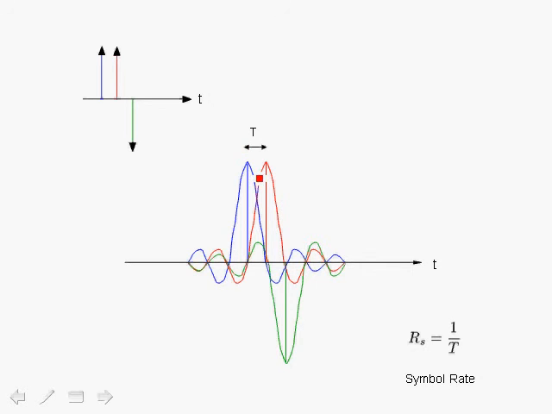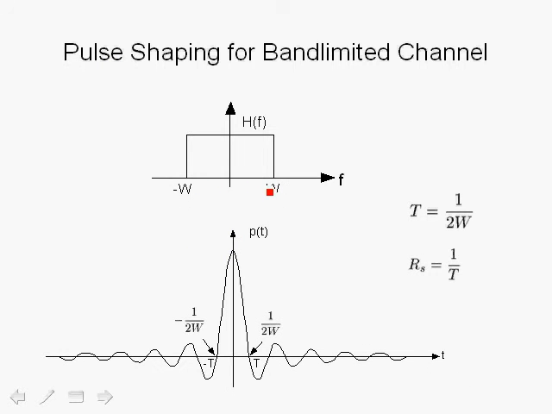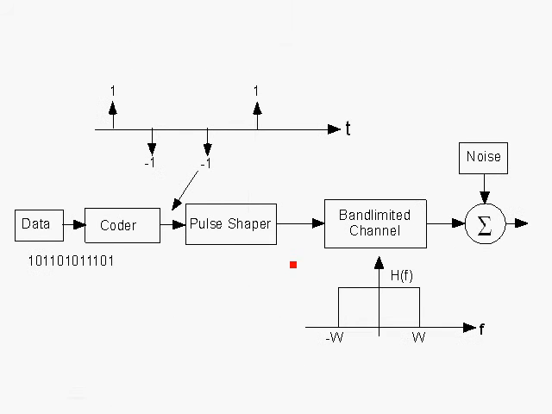So the symbol rate is 1 over T, and the symbols are spaced T seconds apart, and T is related to the bandwidth. In this case, T is equal to 1 over twice the baseband bandwidth, and the symbol rate, of course, is 1 over T. So we've accomplished a number of things.